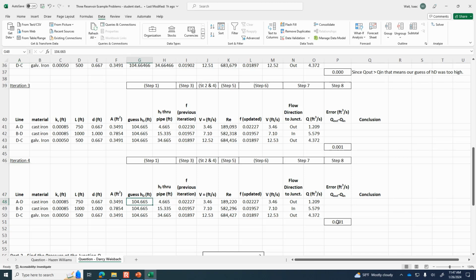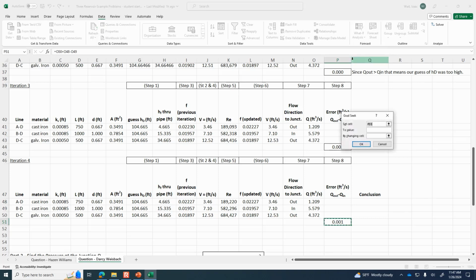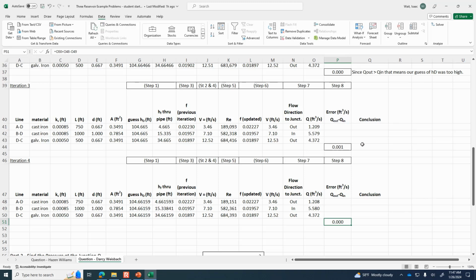I'll do goal seek again to find, we want it to be 0 by changing the guess of H sub D. All right. So 104.66, and it looks like the velocities are identical.